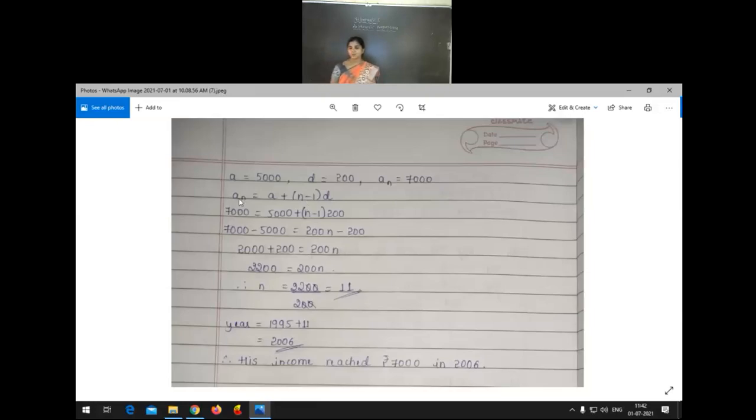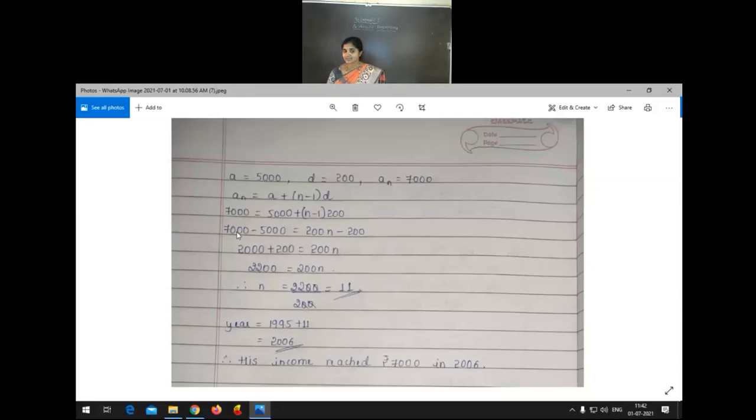The number of years is what we have to find out, so we take the general form only. AN is equal to A plus N minus 1 into D. AN is 7000, A is 5000 plus N minus 1 into the difference, 200.